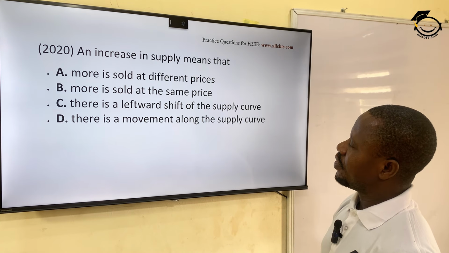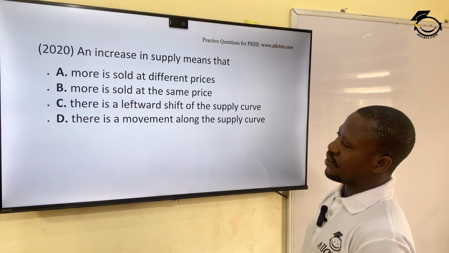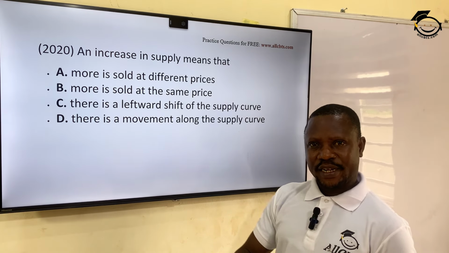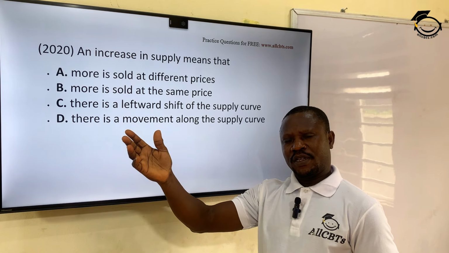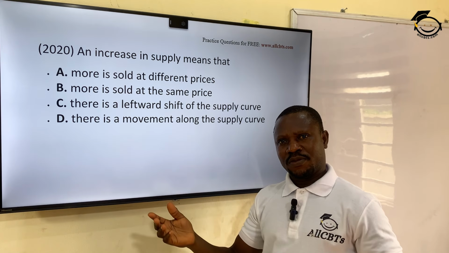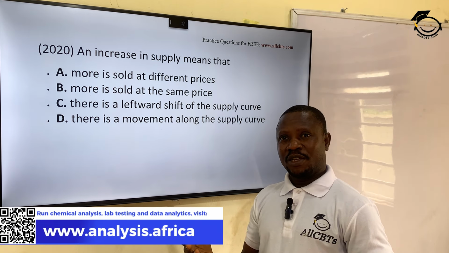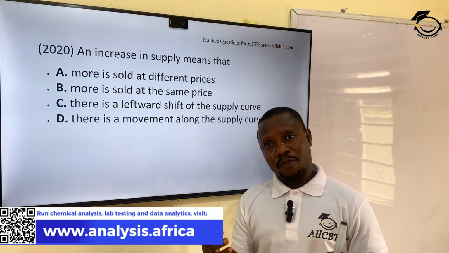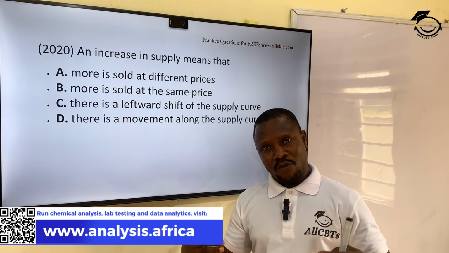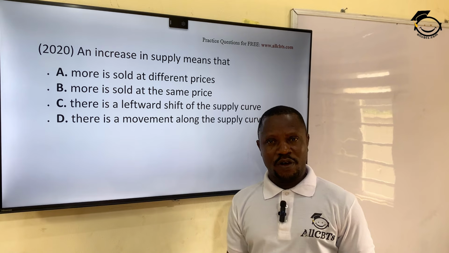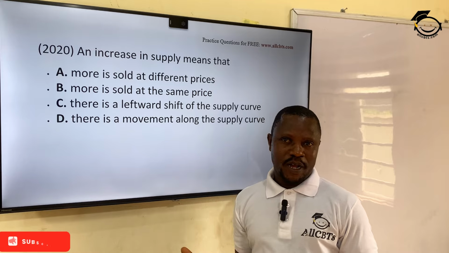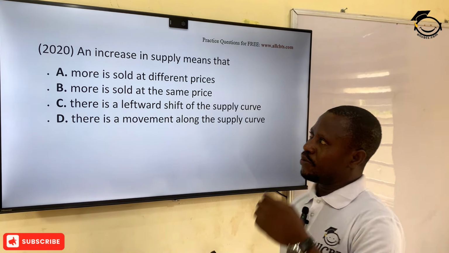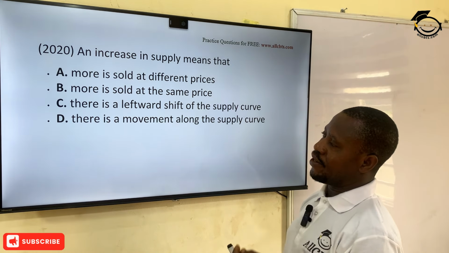An increase in supply means that when supply increases, what does it mean? The seller is ready to sell more. But in selling more, he may have to sell at various prices. Because if the supply becomes too much than the demand, what happens? The price will be forced to fall based on the law of supply. Are you there? So what will happen when supply increase?